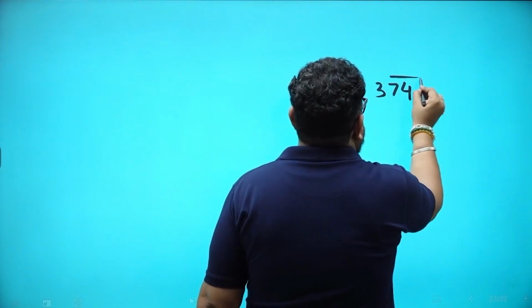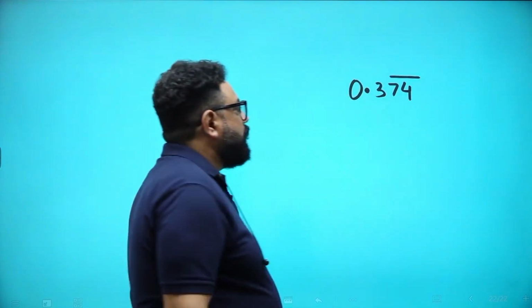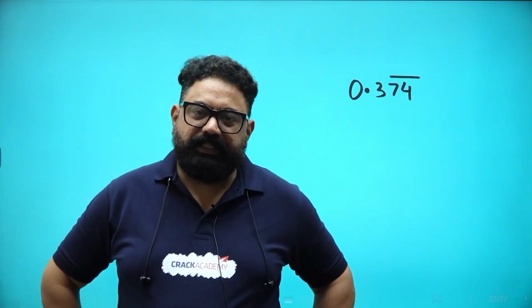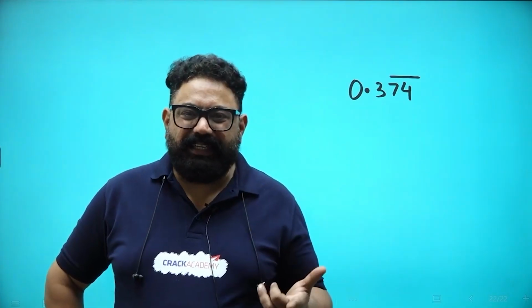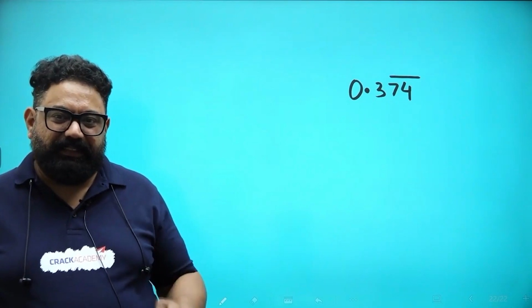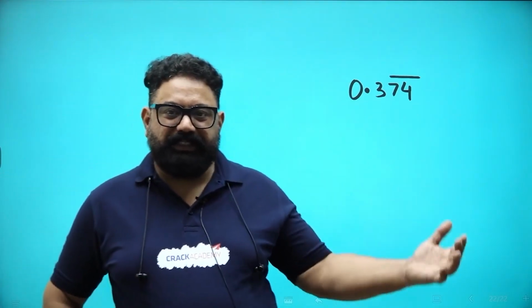0.374 bar. Many times in a lot of exams, yes, CSAT. In CSAT, I've seen this question 3-4 times. In SSC, I've seen this question in combination with permutations and combinations.